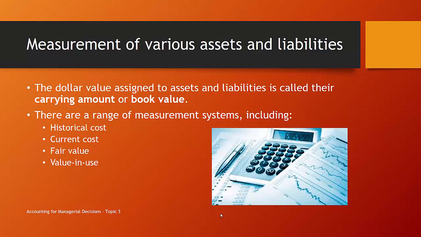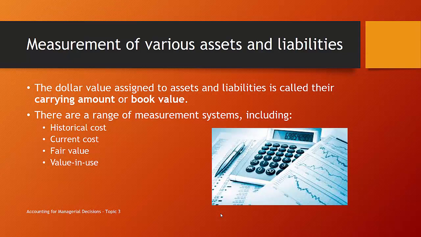And this has actually been a bone of contention amongst accountants, amongst accounting academics, regulators around what numbers should we use, because we don't just use historical cost. If we just use historical cost and what we paid for something, then those figures would be really out of date.